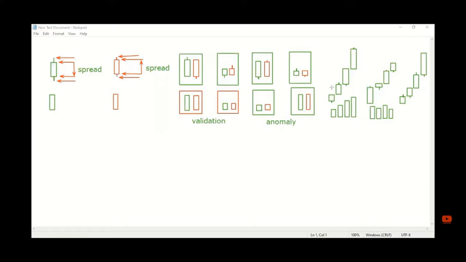But if we observe the volume condition, the first candle's volume is this one, it's okay. The second candle's volume is this one, it's also okay. But when the market creates this third candle, the volume is this one, and when the market creates the fourth candle, the volume is this one.